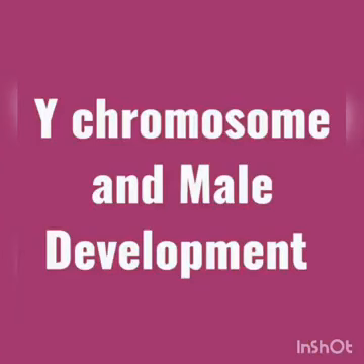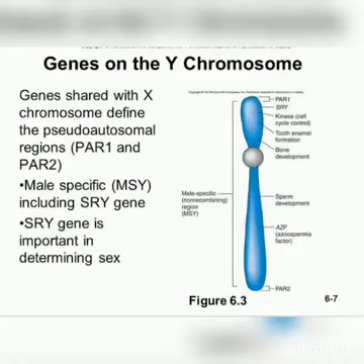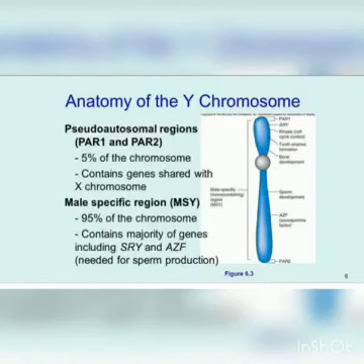Next we move on to how the Y chromosome determines male development. Because males have XY chromosomes, only the Y chromosome determines the maleness. Current analysis of the Y chromosome has revealed numerous genes and regions with potential genetic functions.